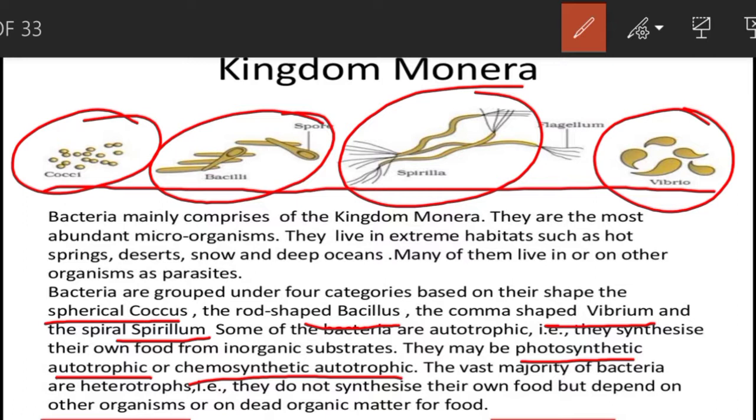Some bacteria help in retting of jute and coconut plant fibers. The separated fibers are used in making ropes or gunny bags. Bacteria also find important uses in the leather tanning industry.